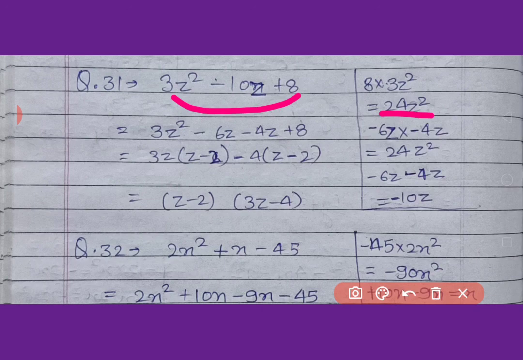So we have to break the middle term, minus 10z, in the form of addition, which means both numbers will have a minus sign. Their addition will be 10 but multiplication will be 24. So find the number.